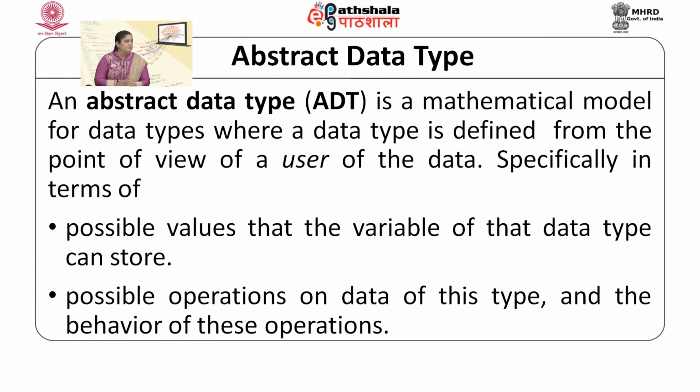Apart from that, we specify the possible operations that can be performed on that data and what would be the behavior of these operations. Once we define this abstract data type, this is the mathematical model, or theoretically we define the data type, but when we programmatically want to use that kind of a data type, we need to implement this particular data type.